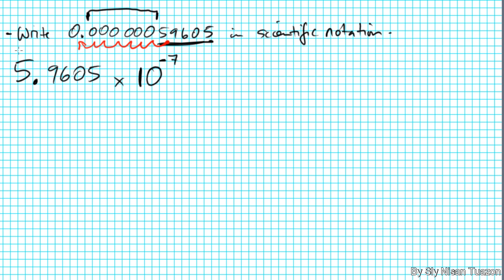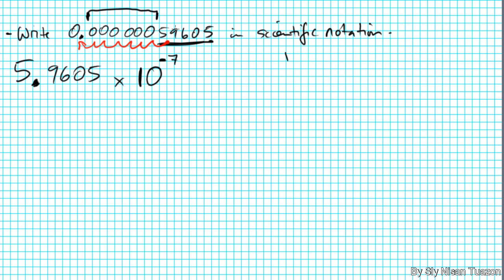To get to the original number, where the decimal point was 7 places to the left, we had to jump 7 times, so you're going to times it by 10 to the power of negative 7.